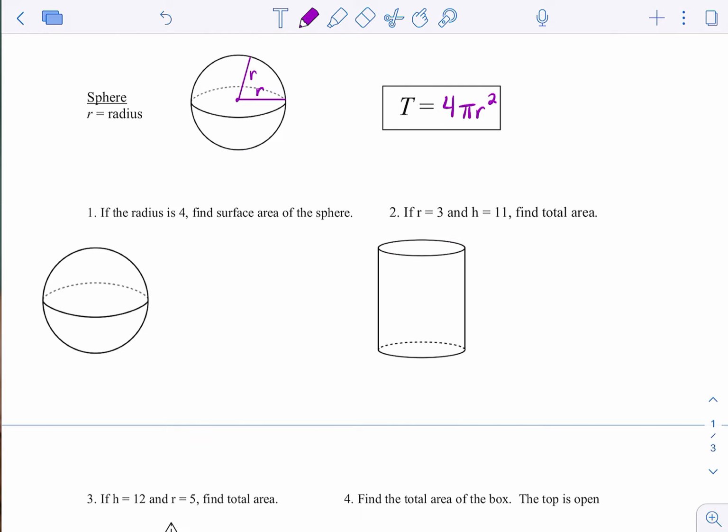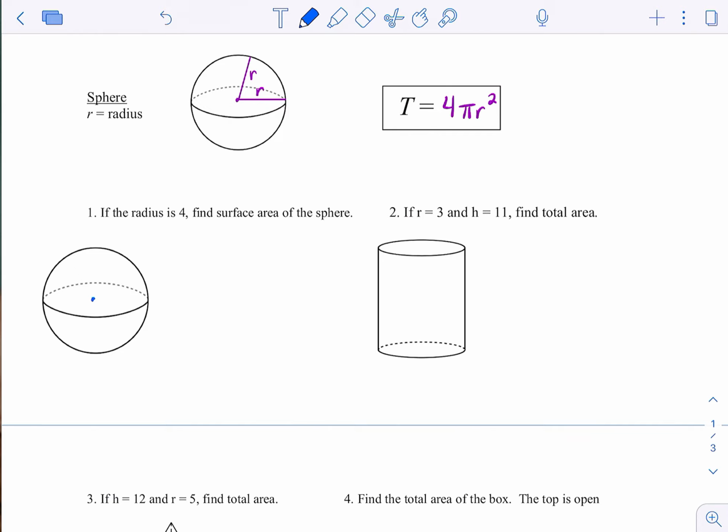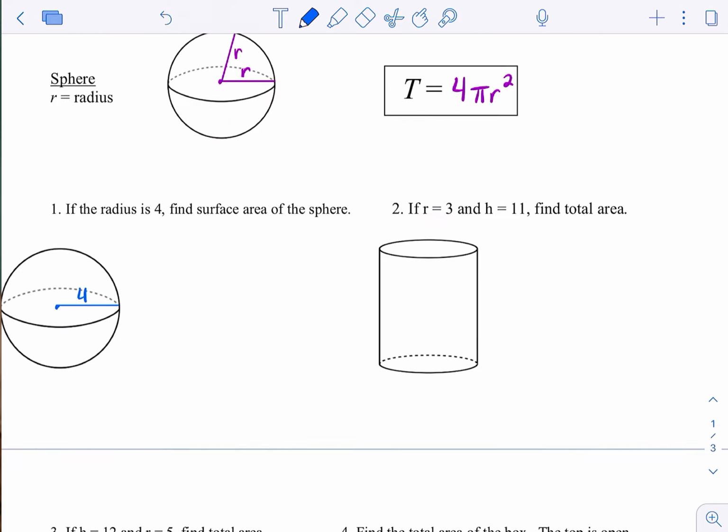All right, first one. We have a sphere, and it says if the radius of the sphere is 4, find the surface area. So for the surface area of a sphere with radius of 4, our formula is 4 pi r squared. So we just need to make a substitution. This is 4 pi times 4 squared. 4 squared is 16.